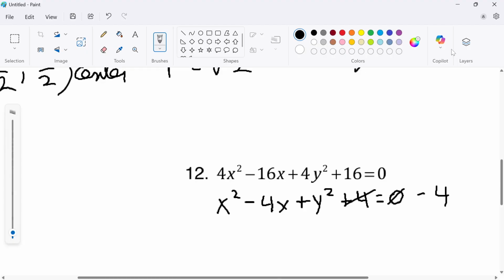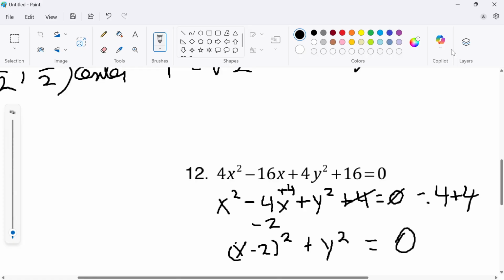So half of negative 4 is negative 2, so I've got x minus 2 squared. Negative 2 squared is 4, so I have to add 4 to both sides. Plus, well, there's nothing with y squared, there's no y component, so plus y squared equals negative 4 plus 4 is 0.